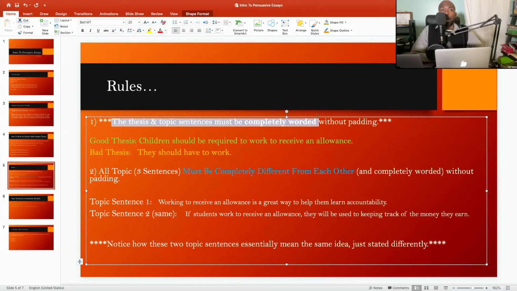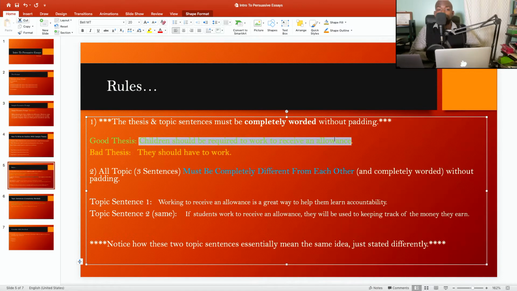And the way you can determine whether or not it's completely worded, or whether or not it's missing words, is you say to yourself, would somebody understand what this idea is saying even if they had never read the writing assignment before? Okay, so this thesis right here says children should be required to work to receive an allowance.